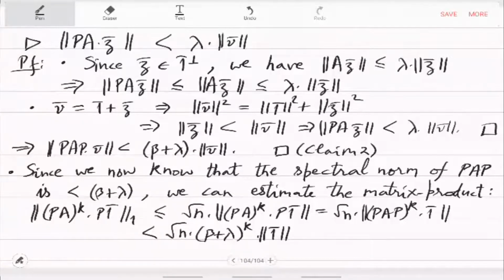And the length of 1 bar is n times 1 over n square root, right, which is 1 over square root n. So this is exactly equal to beta plus lambda to the K. So as we had claimed in this theorem, right, beta plus lambda to the K.